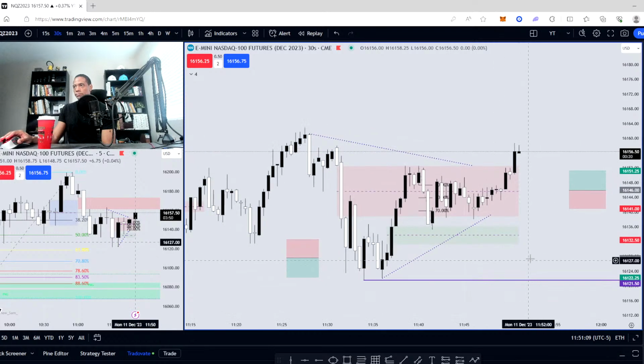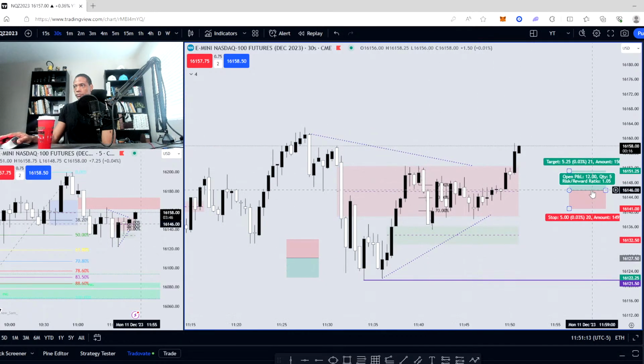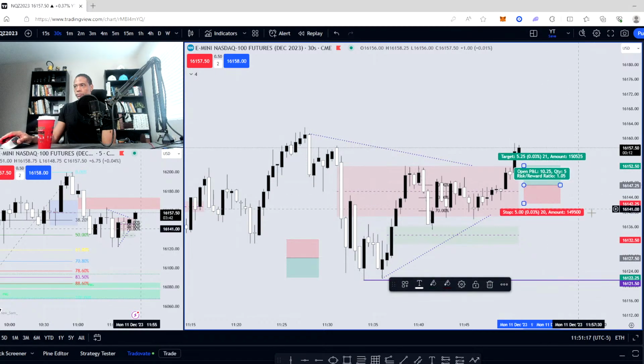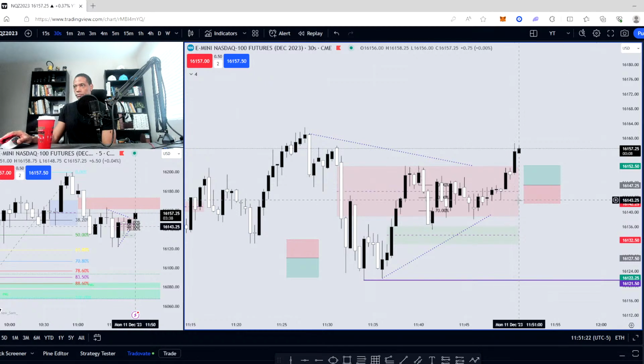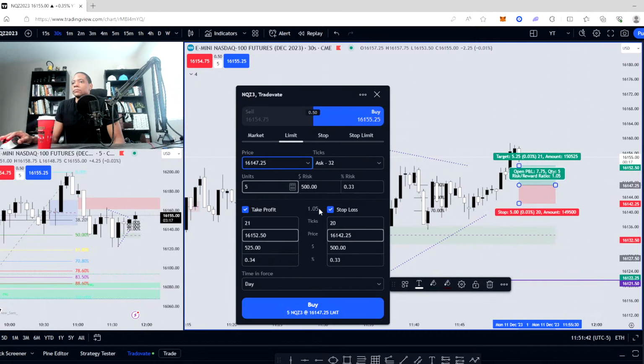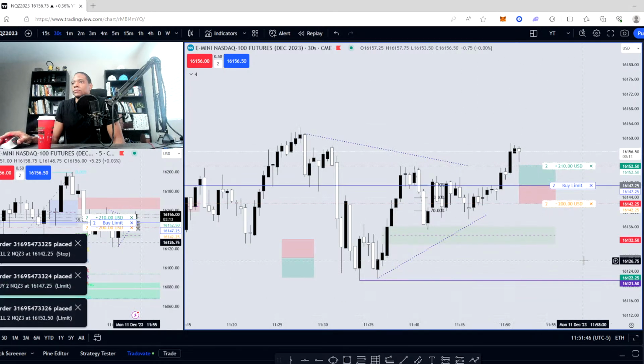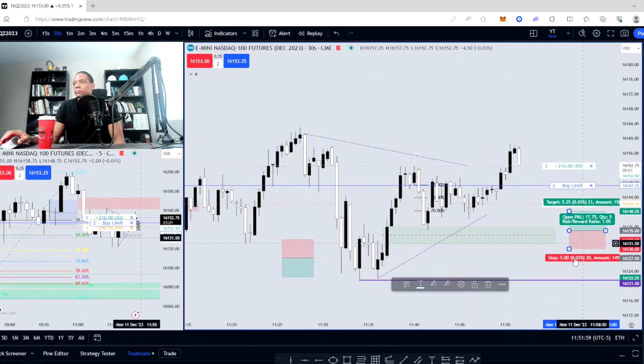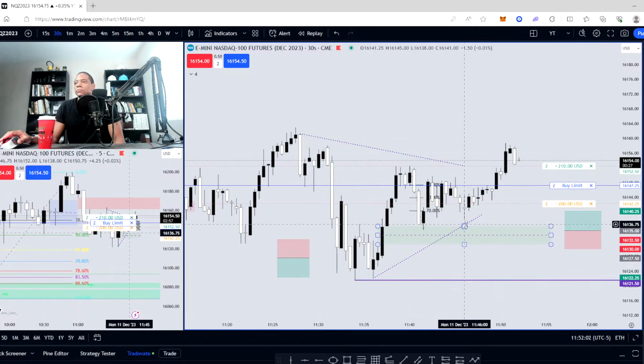It looks like we have a small breakout now. Clean up a bit.